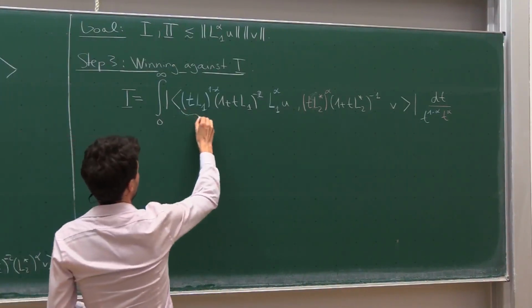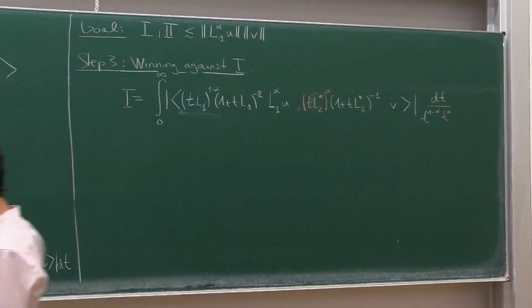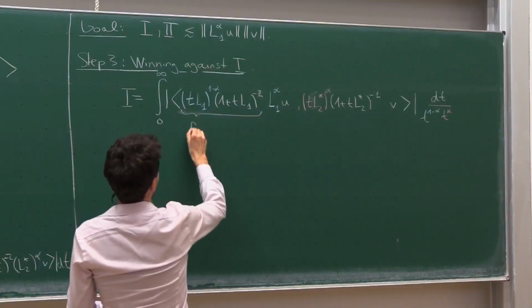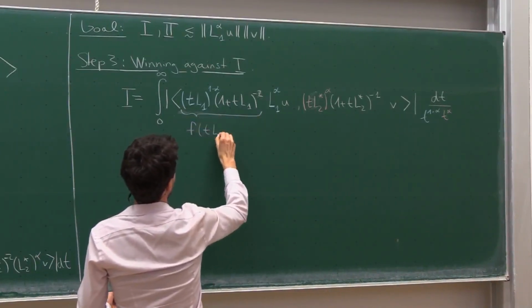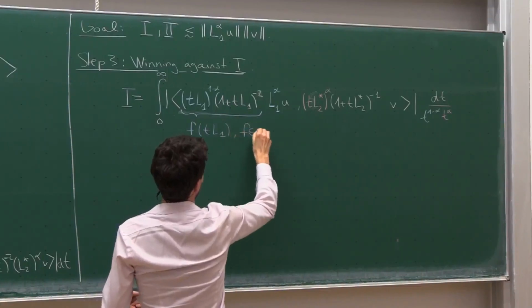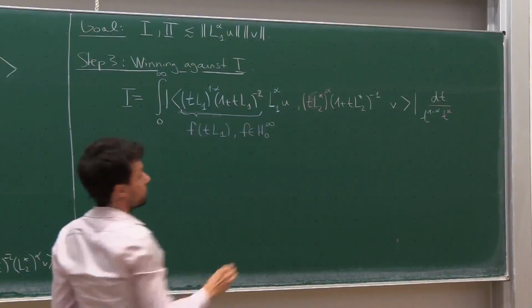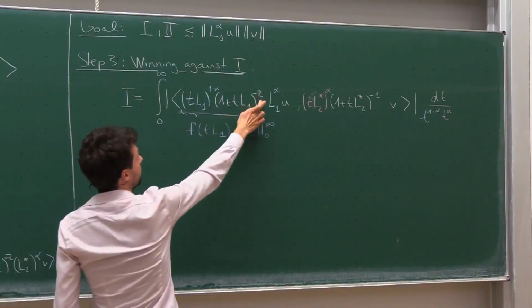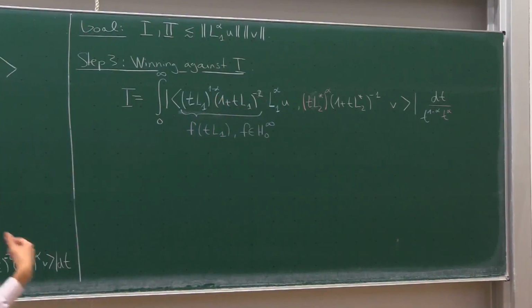And now this thing here, this is f of t L1, where f is some H infinity 0 function on every sector. Why? Because you have a decay power 2 at infinity, and you have decay at 0 of rate 1 minus alpha.